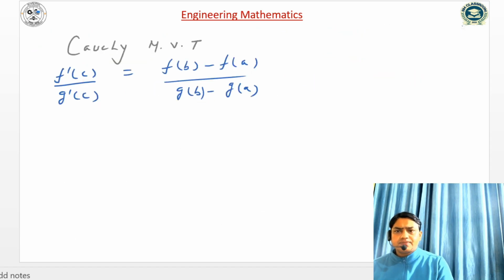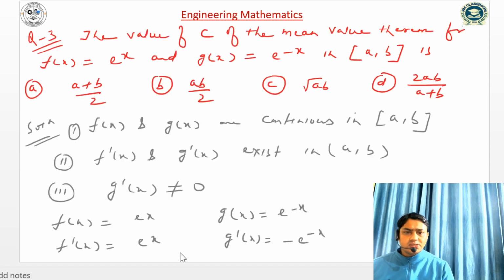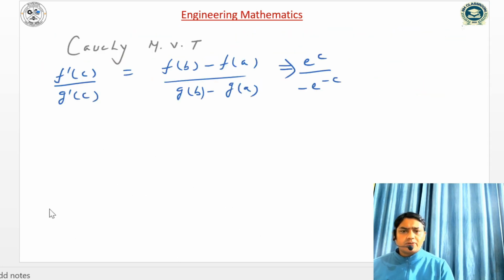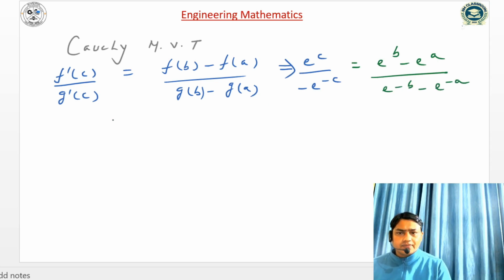So we can write here e to the power c divided by minus e to the power minus c, because g'(x) is minus e to the power minus x, is equal to f(b) minus f(a) over g(b) minus g(a). So we can write e to the power b minus e to the power a divided by e to the power minus b minus e to the power minus a.